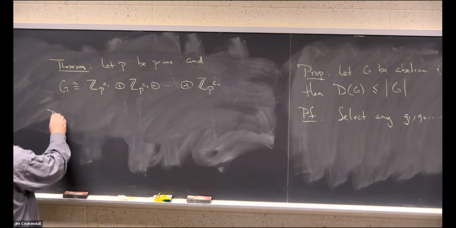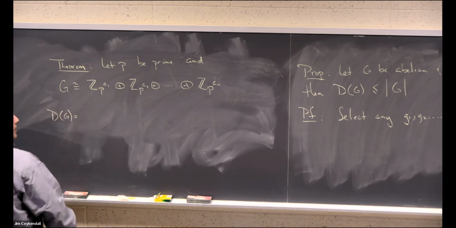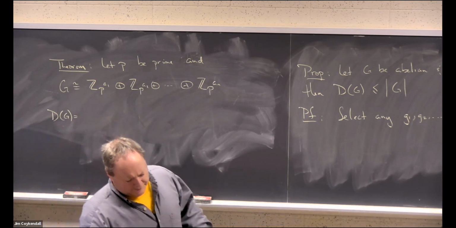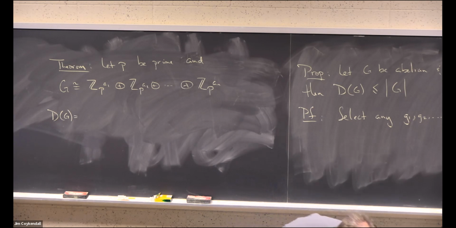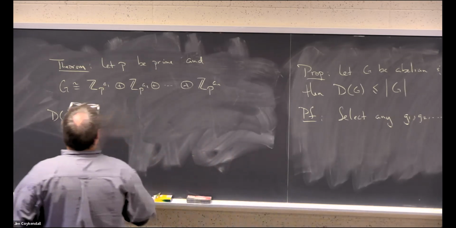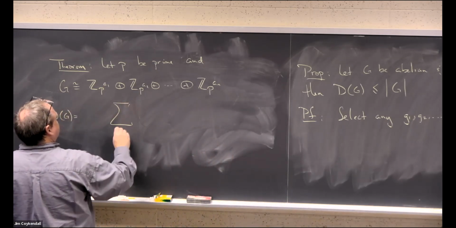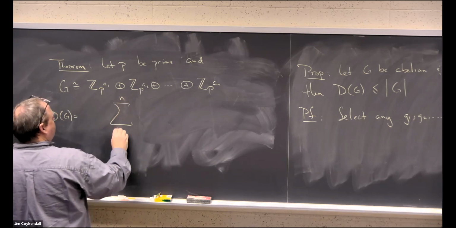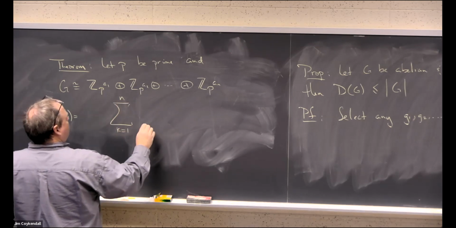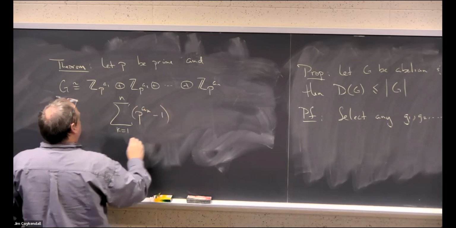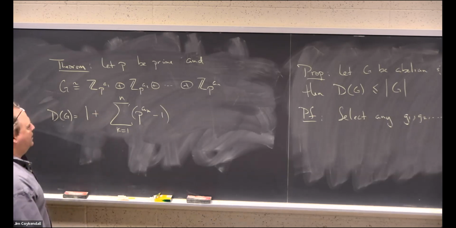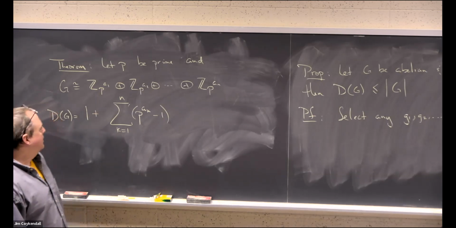Then the Davenport constant of G is equal to the sum of the orders minus 1, and then add 1.